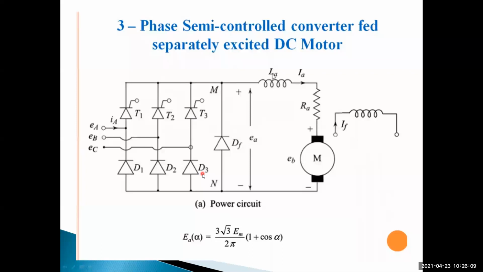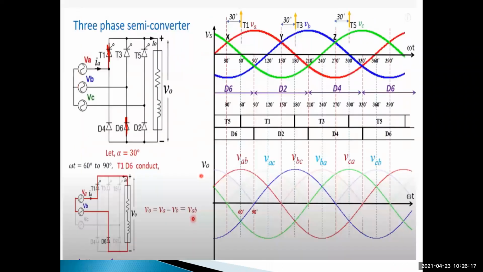This you have already studied in power electronics, how they operate. For example, I'm taking alpha equal to 30 degrees. In a three-phase system, the triggering angle must be more than 30 degrees, because below 30 degrees, the other thyristors will already be in the conduction mode.